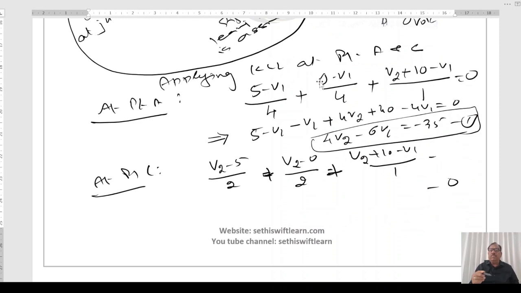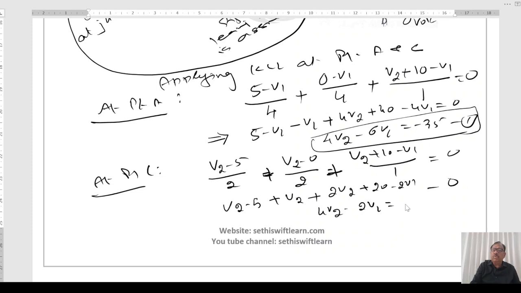On simplification we get V2 minus 5 plus V2 plus 2V2 plus 20 minus twice V1. On simplification we get 4V2 minus 2V1 equal to minus 15. This is equation 2.